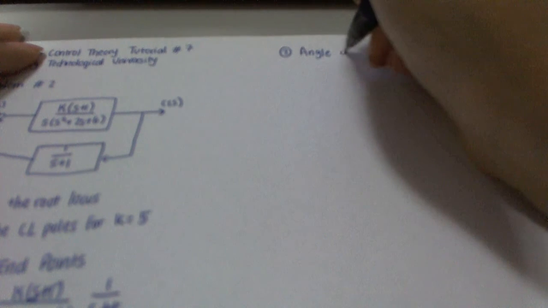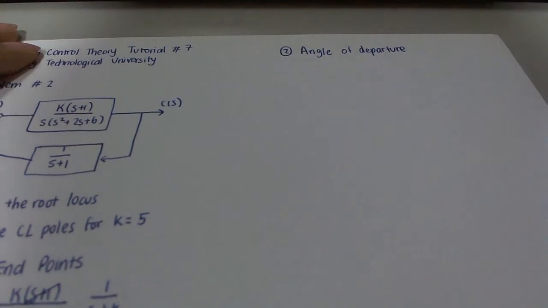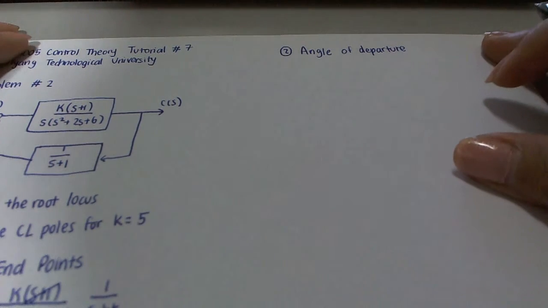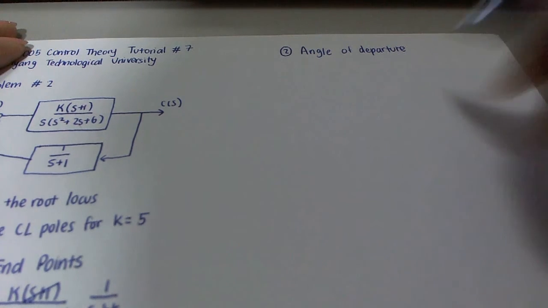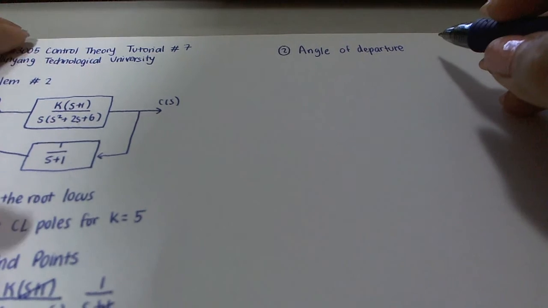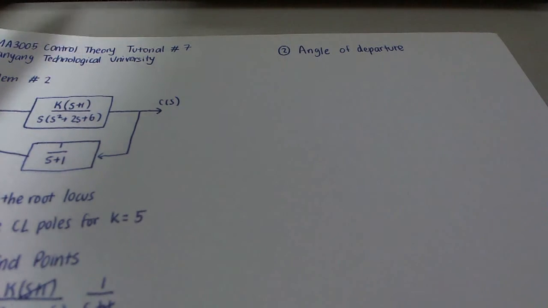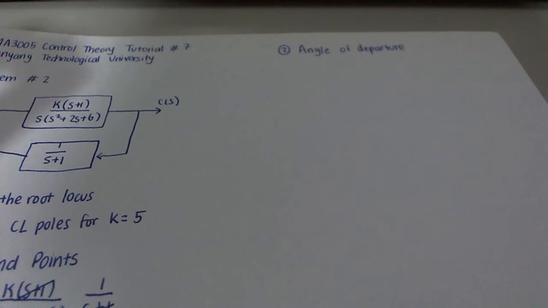The second step that we need is to find the angle of departure. The angle of departure basically means the angle of departure of the root locus from the poles.